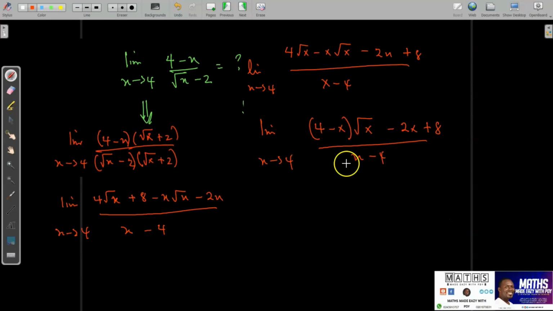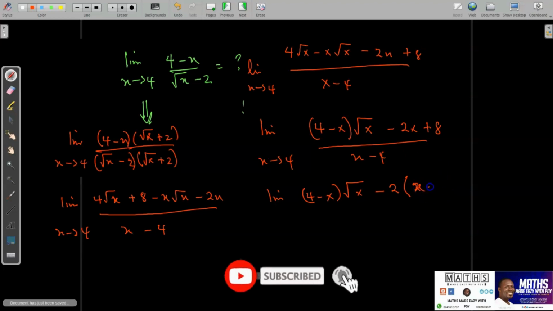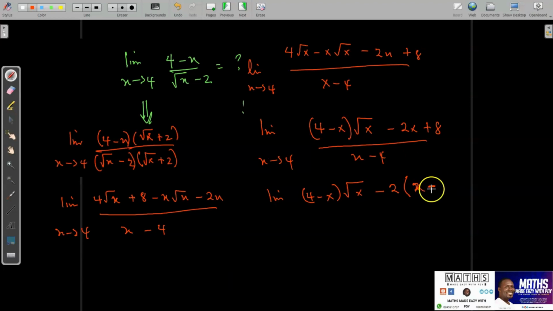Okay, so that is also going to give you the limit of 4 minus x root of x, then minus 2 out. You have here as x minus 4, all over x minus 4.